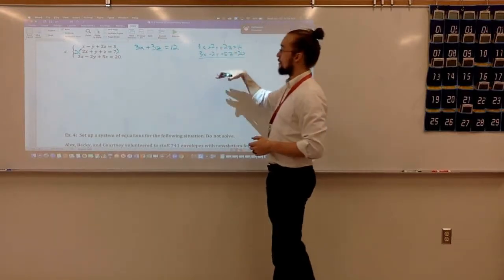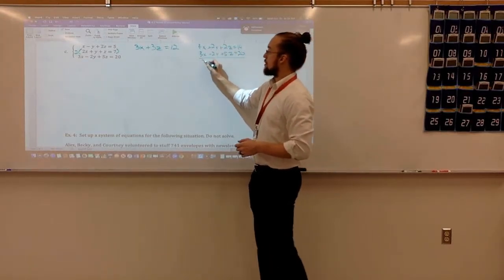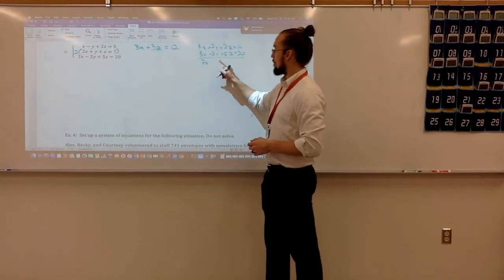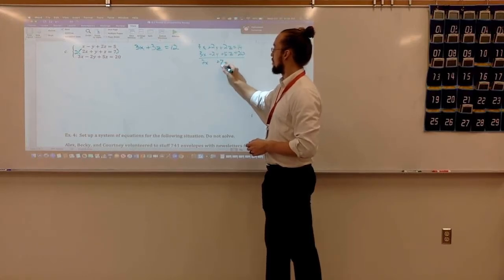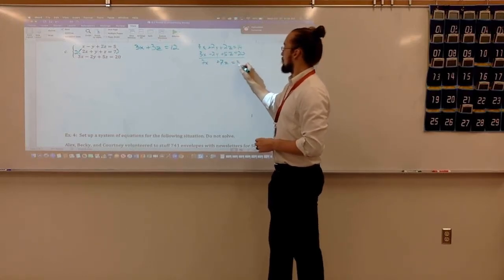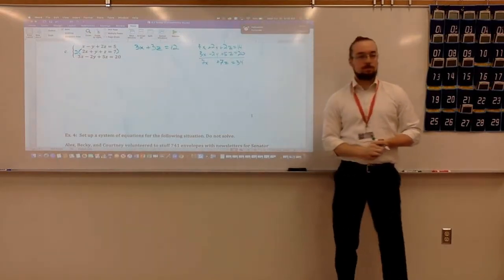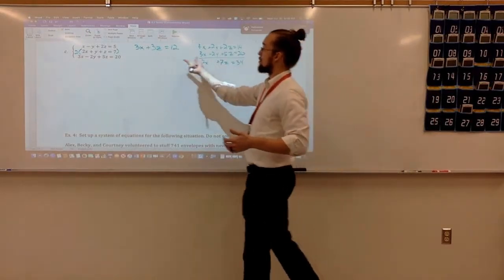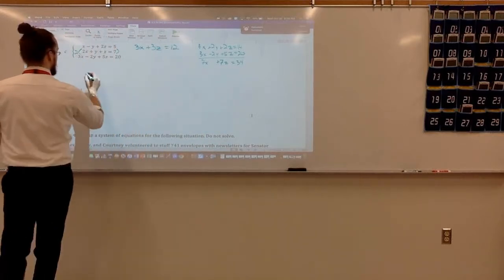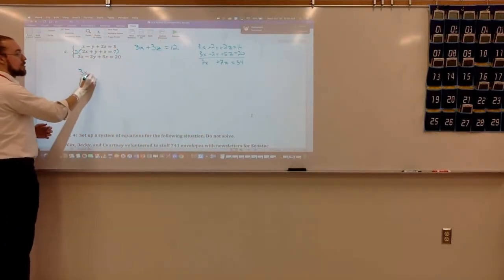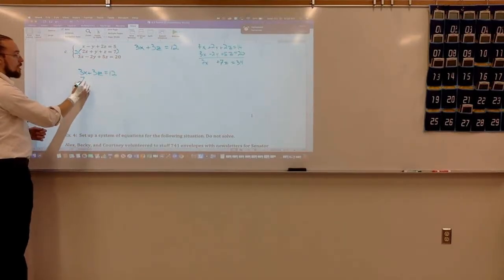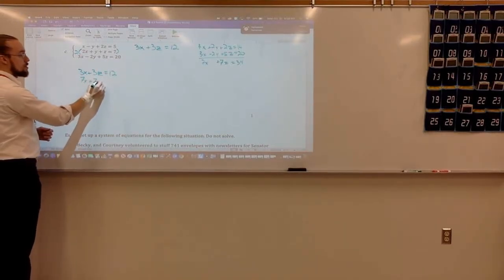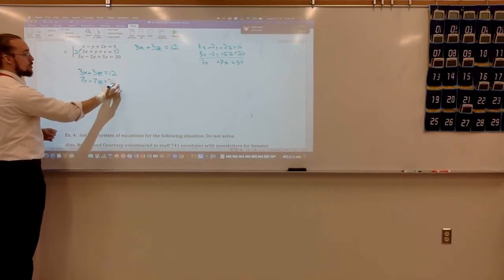Now if I add these together, I'll get 7x, the y's cancel, plus 7z equals 34. Okay, so now I have two equations and two variables. So I'll rewrite those down here. So 3x plus 3z equals 12, and 7x plus 7z equals 34.